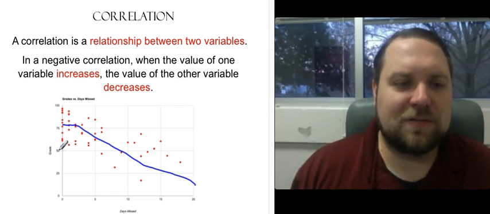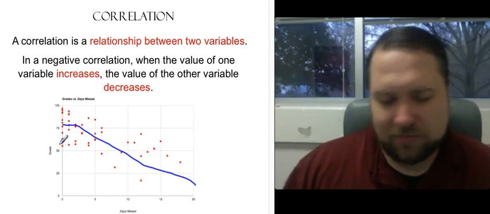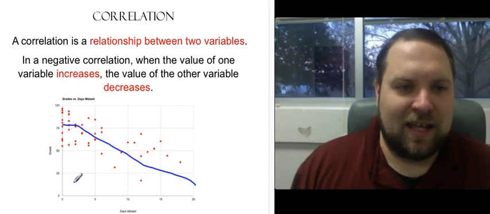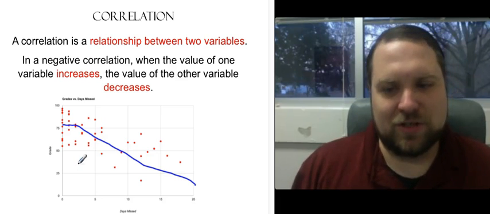So if one increases when the other decreases, we call that a negative correlation. And it works the other direction as well. We can see that as our grade increases, the number of absences is decreasing. So they have sort of that opposite relationship.